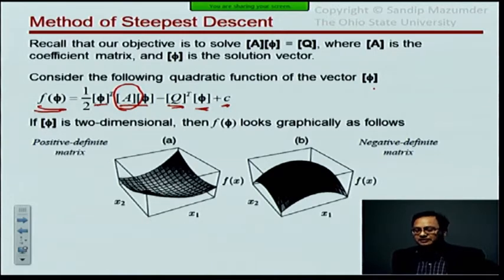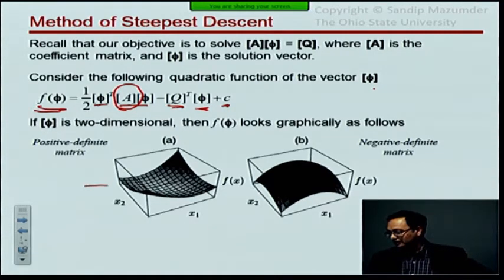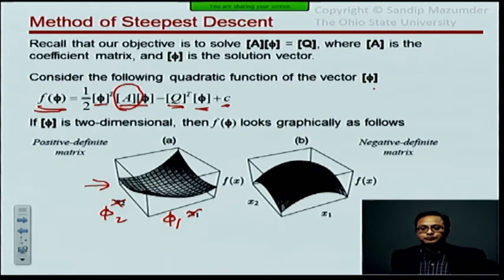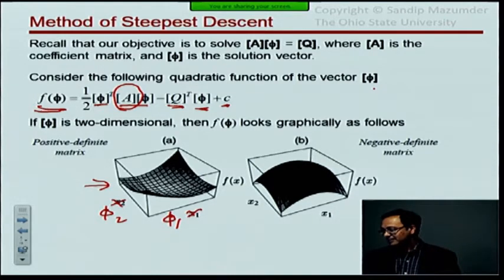Now here of course this is taken from a book, so they used x1 and x2, but in our case this will be phi 1 and phi 2. So two axes, and then I'm plotting the function, so it's like a three-dimensional plot. You can also do a contour plot if you want. And then if the matrix A is negative definite, then this is what it's going to look like.